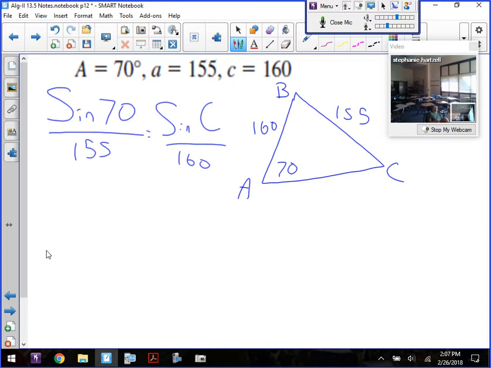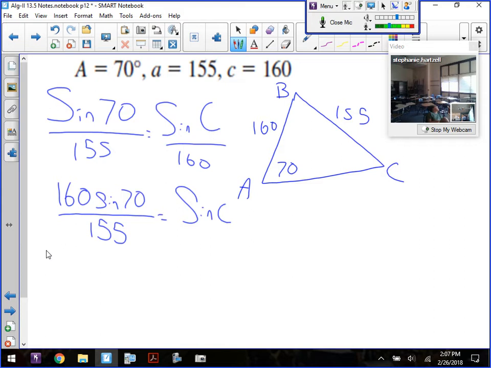Now, since we have to get C by itself, remember we just have to multiply the 160 over. And from there, we figure out what that nasty decimal looks like, and then we just take the inverse of it. Okay? So one of two ways of going about it.